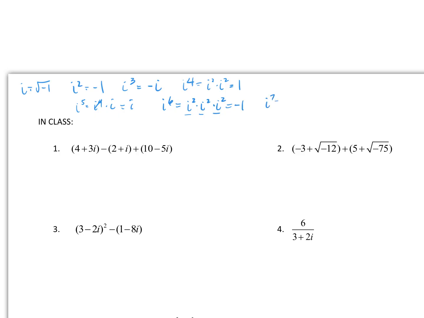So i to the seventh. Okay, it's i squared times i squared times i squared times i. What did we say i to the sixth was? Negative 1 times i. So it just translates to negative i.